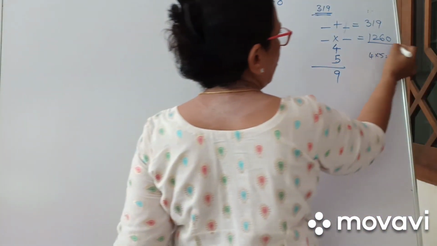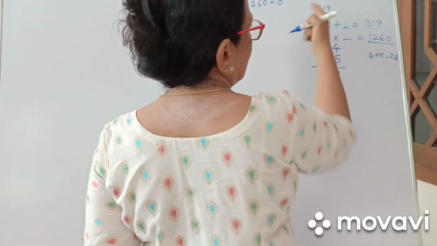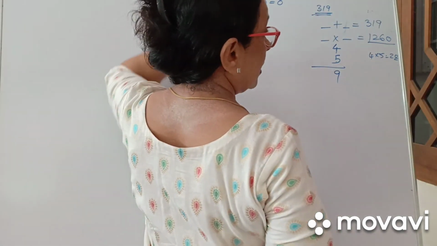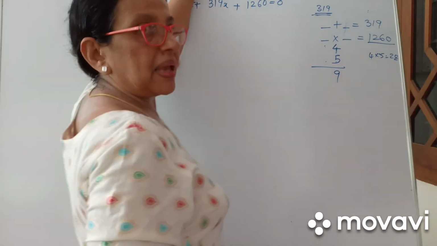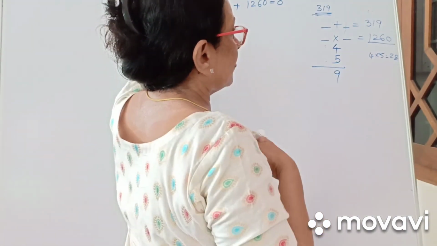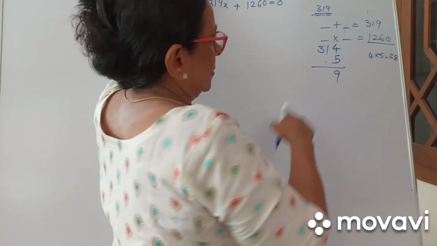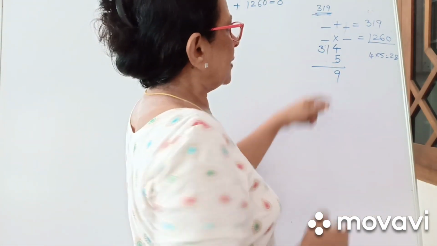It's a big number, a 4-digit number. So you have to get 31, and these numbers should be big numbers. Like 31. So it should be, say, 314, so you get 309.